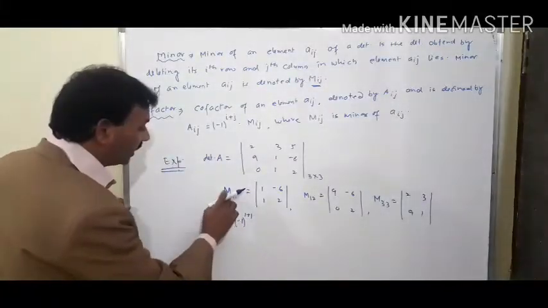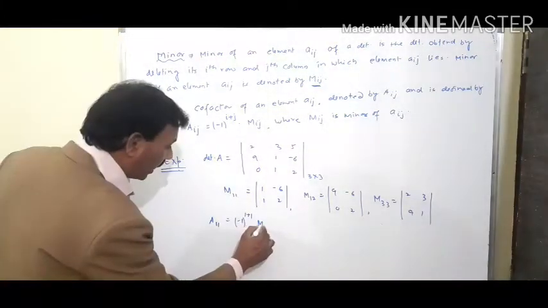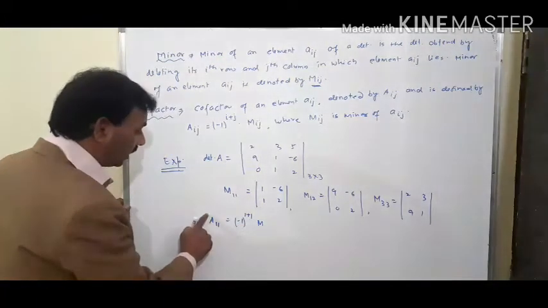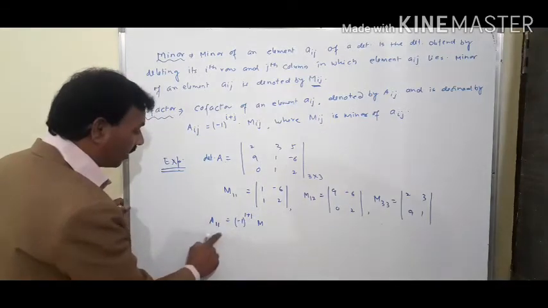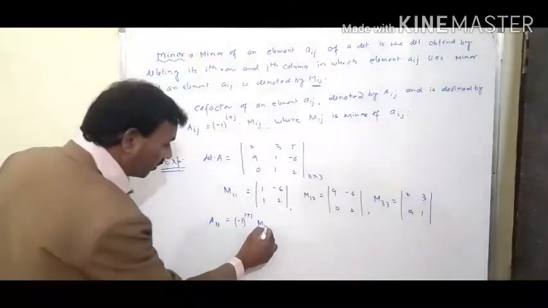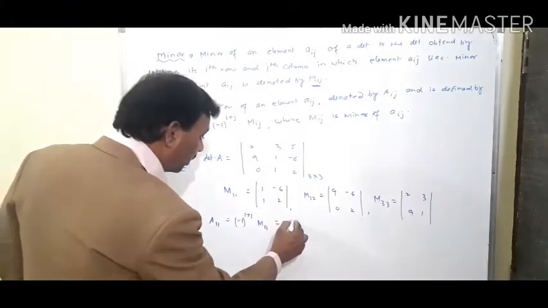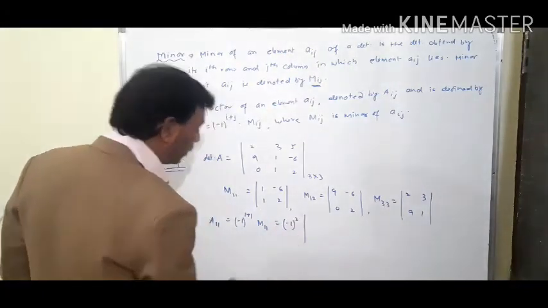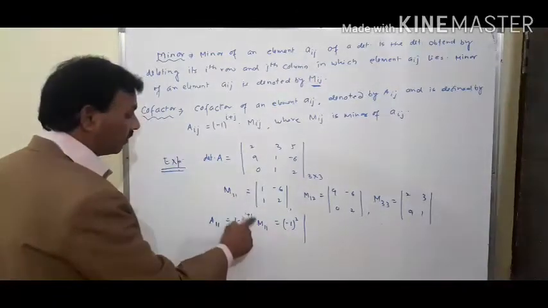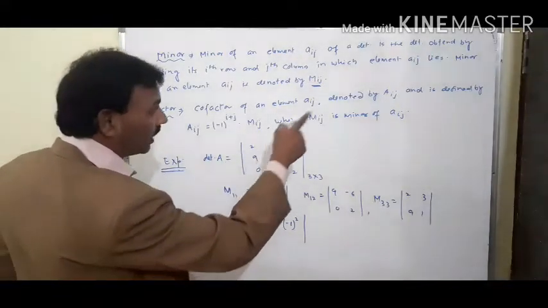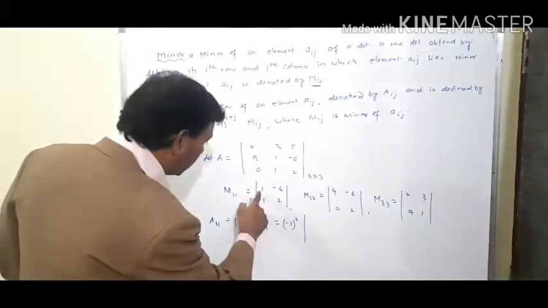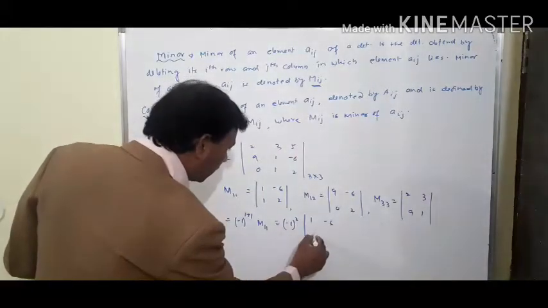The minor of A11 is M11. So this will be minus 1 whole to the power 2 into M11, where the minor is the determinant 1, minus 6, 1, 2.